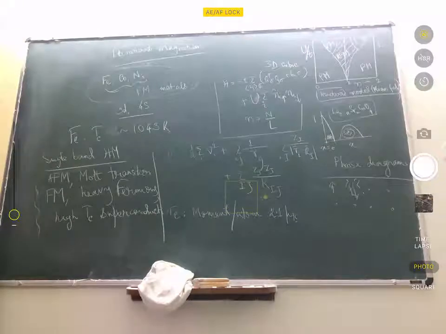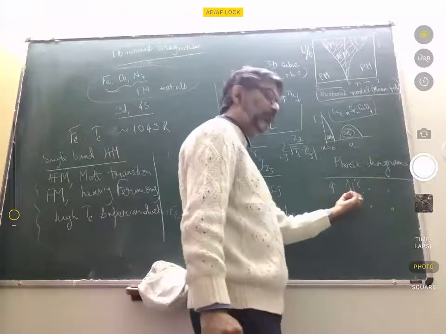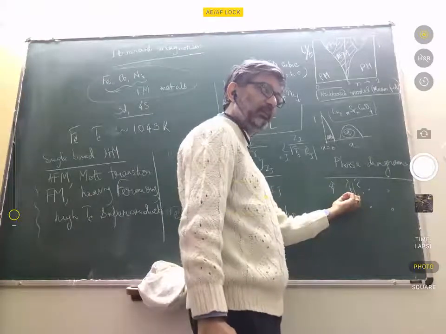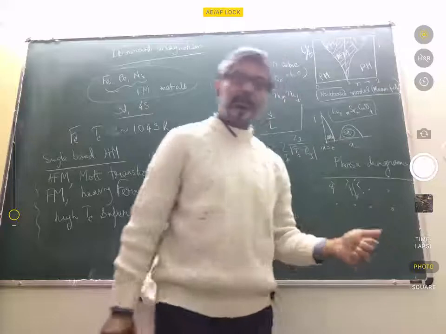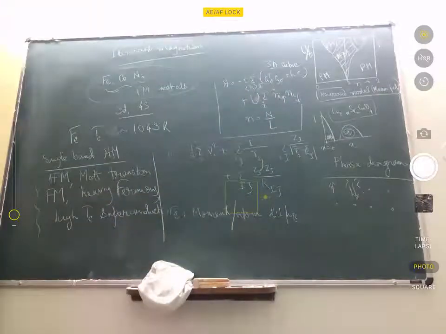The point is that it's a fraction. But in these kinds of lattice models, where you have an integral number of electrons on each site, the moment can never be a fraction. The moment per site will be an integer times mu B.